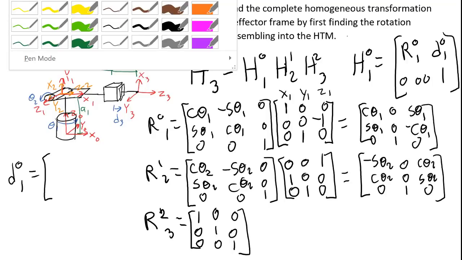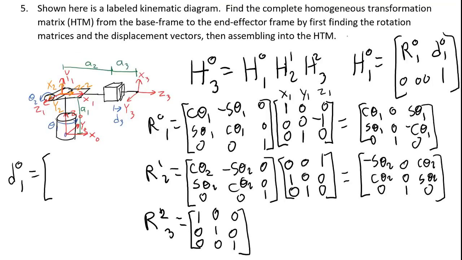D01 is the displacement from the center of frame 0 to the center of frame 1, like that. Now we want to write this vector in such a way that it will be true no matter how the joint variable theta 1 moves.